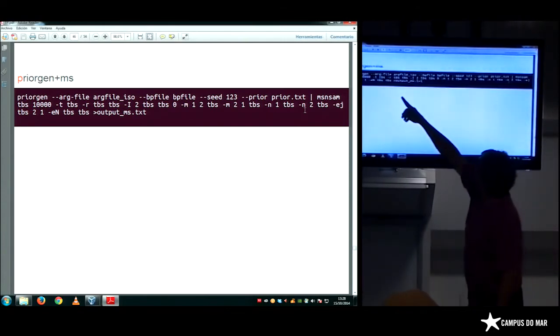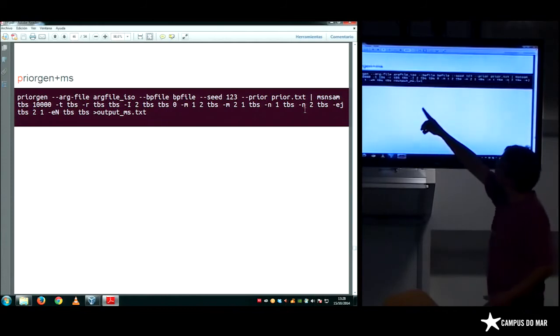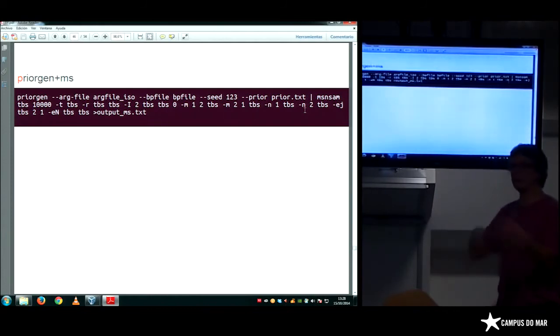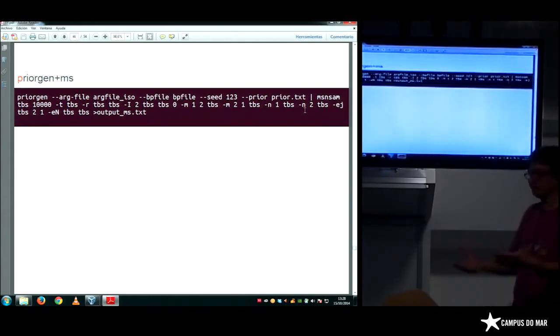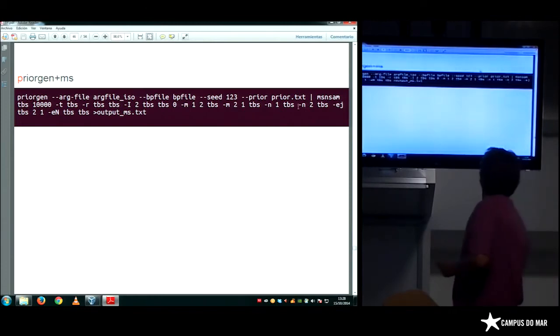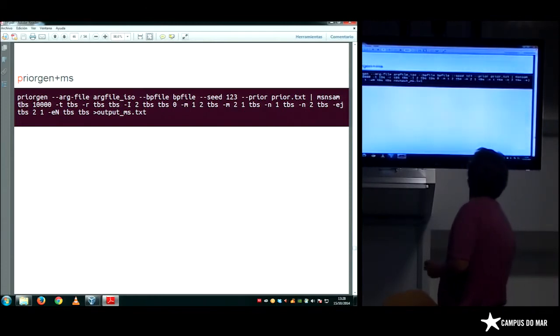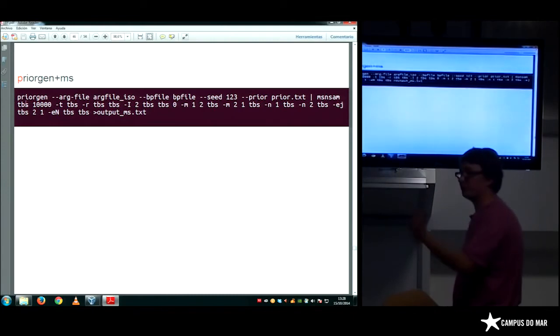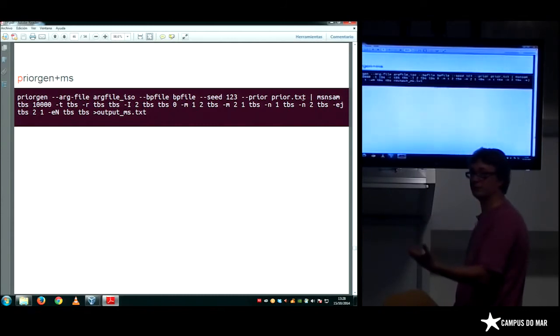And here you have the command line to simulate isolation without gene flow. And so each time MS and SAM need a value for TBS, it looks in prior.txt for the value it needs for the simulation.